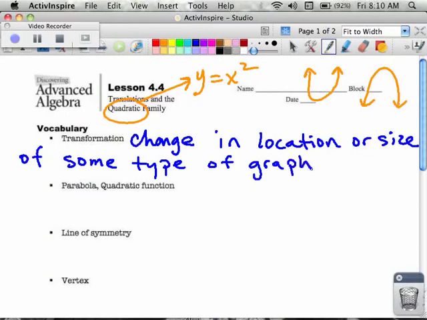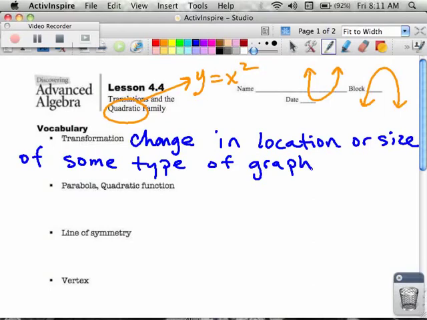So we talked a little bit about this earlier, where we took a line and we moved it around, either left, right, up, down. We did an absolute value graph. That was the V-shaped graph, and we did some examples with that. Not only can you just move it around, but you can also make it steeper or wider if you wanted to. That's another kind of transformation. That would be a size transformation.